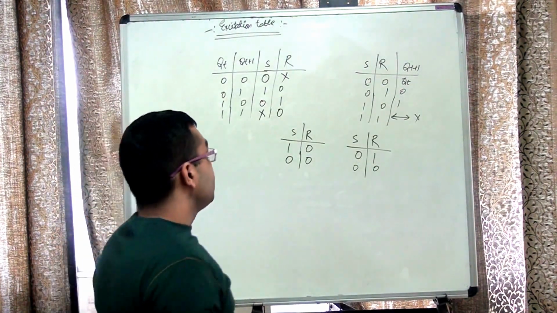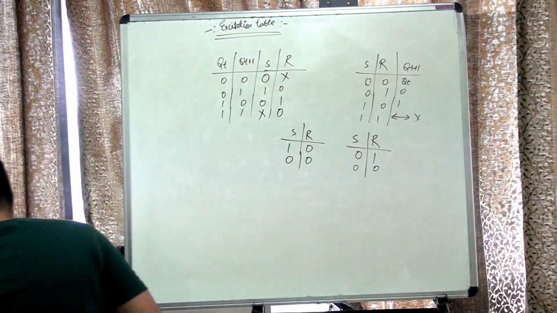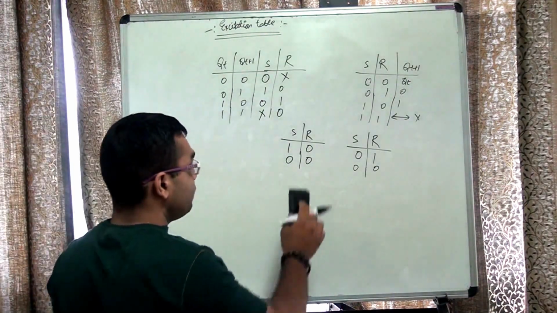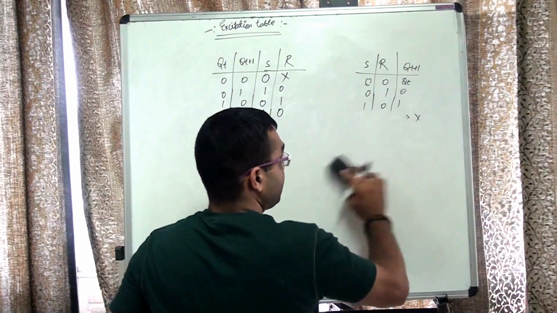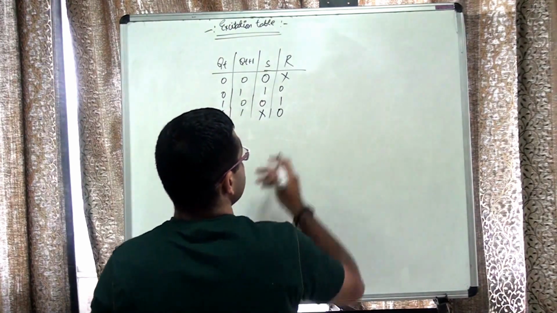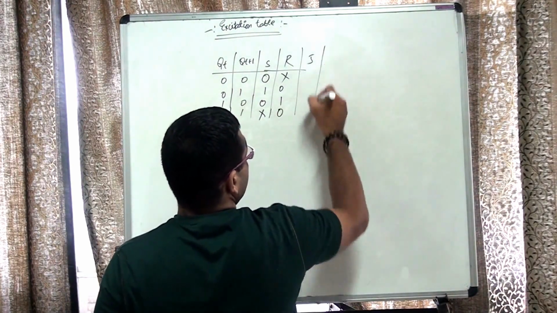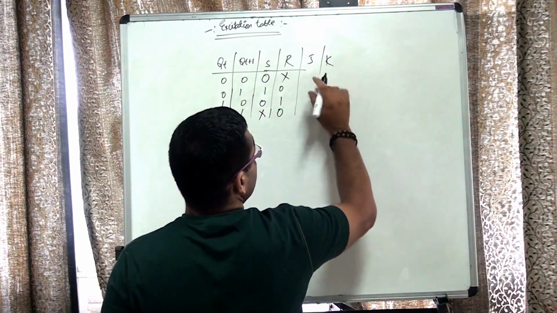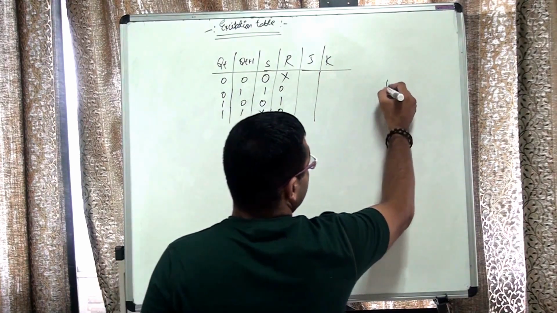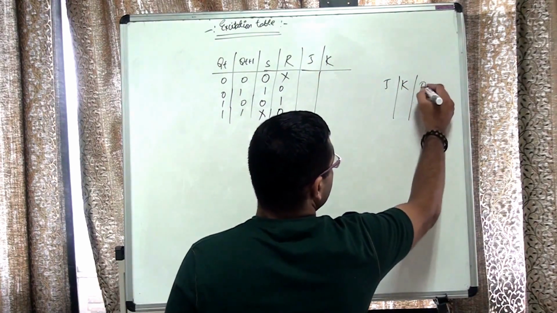Okay. Now let us move on further and add in my JK. Again for your reference, I will make the truth table for the JK flip-flop.